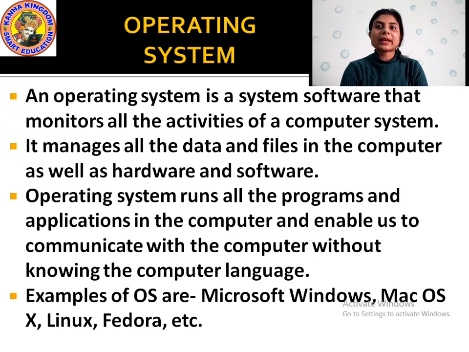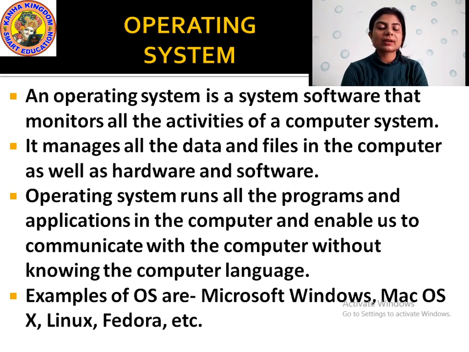Then the operating system runs all the programs and applications in the computer and enables us to communicate with the computer without knowing the computer language. To communicate, that means to talk to someone, we need a language, yes or no? When we talk with someone, we use a language to communicate with each other.